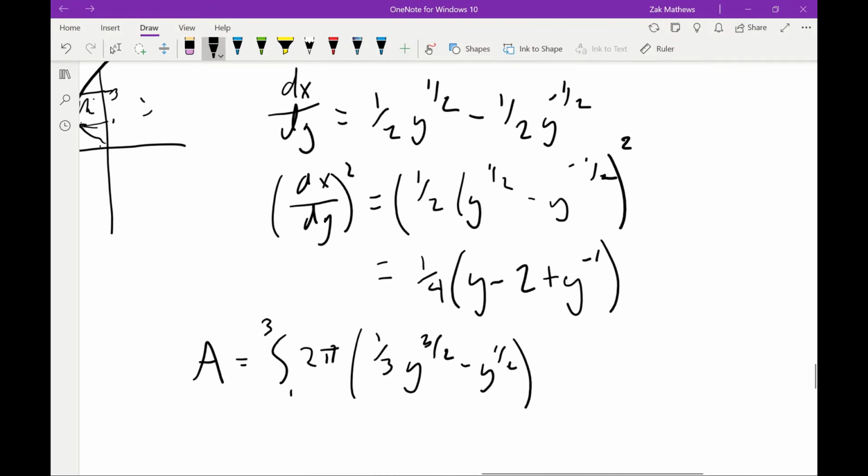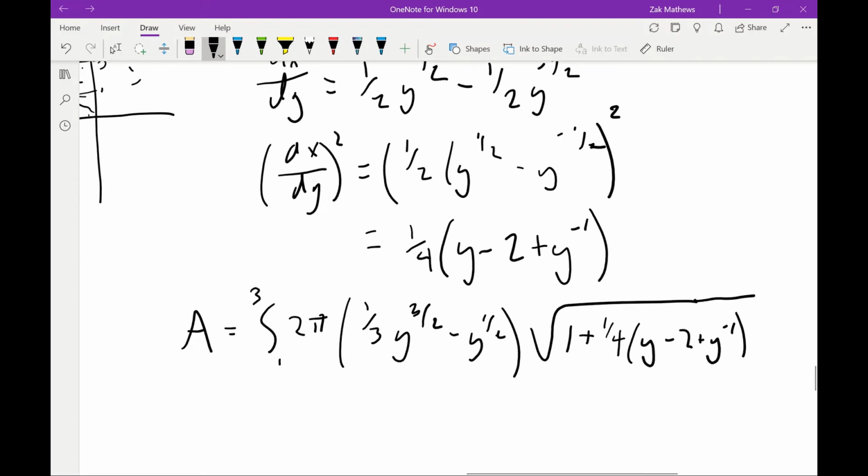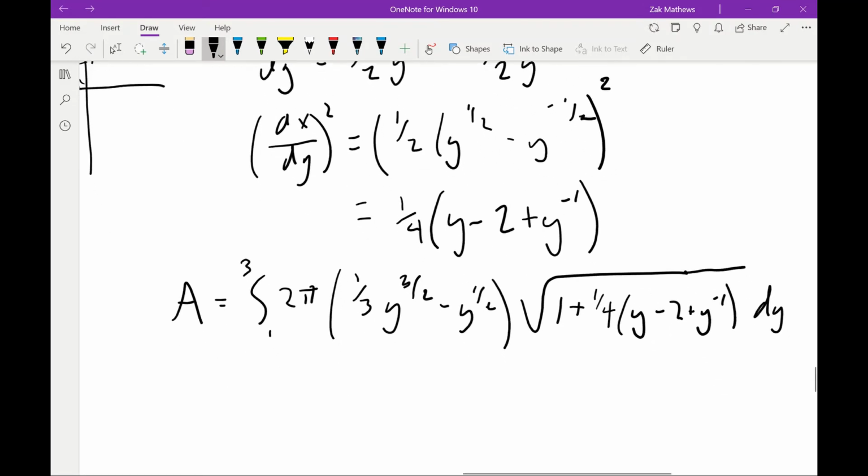Yep, that looks good. And then we're going to multiply that by the square root of 1 plus 1/4 times y minus 2 plus y to the negative 1. This square root portion is identical to our arc length from the last video.